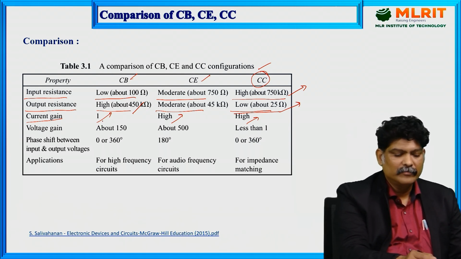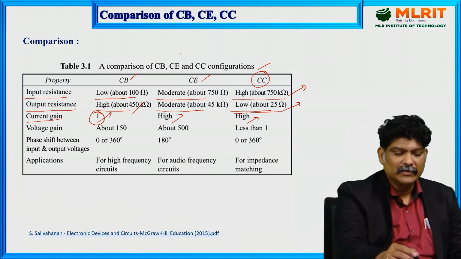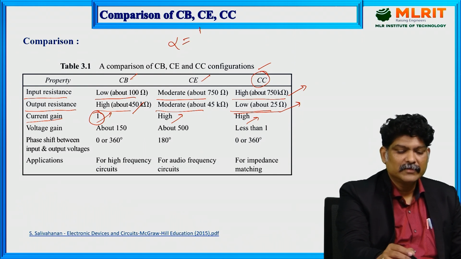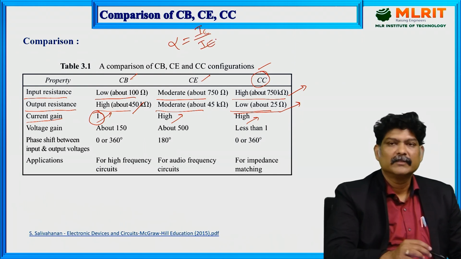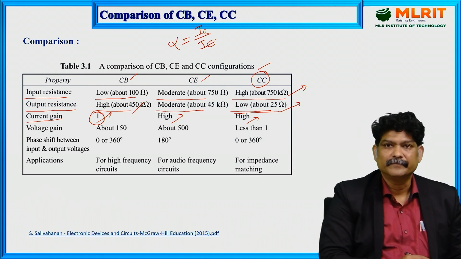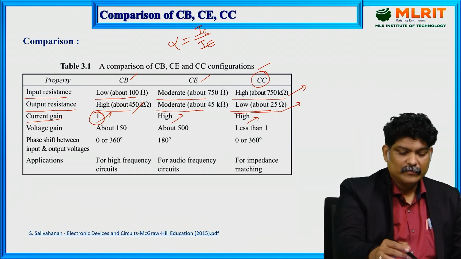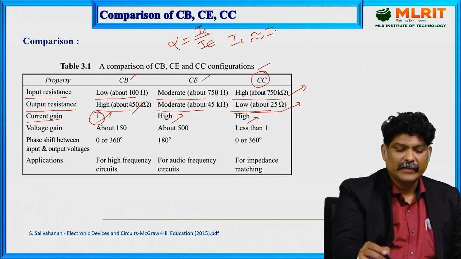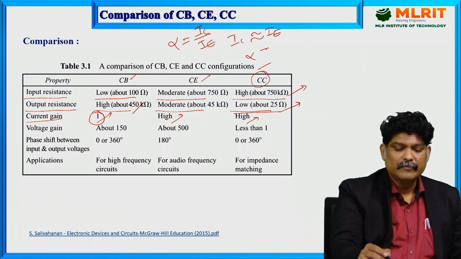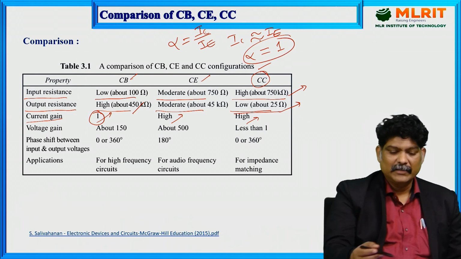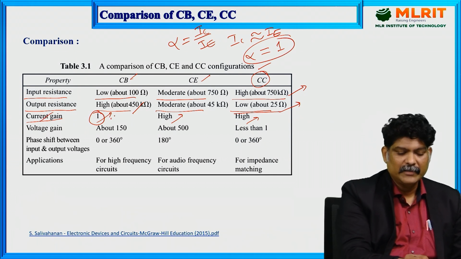It cannot give much current because alpha is equal to IC by IE, and IC is approximately equal to IE. So the maximum value of alpha is 1 only. Hence we can say the current gain is 1.